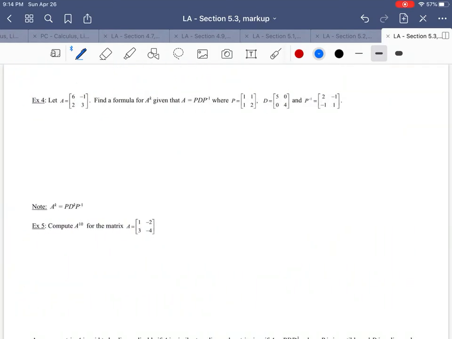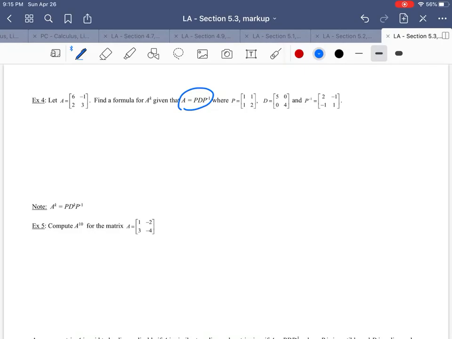All right. So in example 4, we're going to find a formula for A to the k. And so we know all the matrices, we don't have to find them. So basically what we have right now is our equation here.